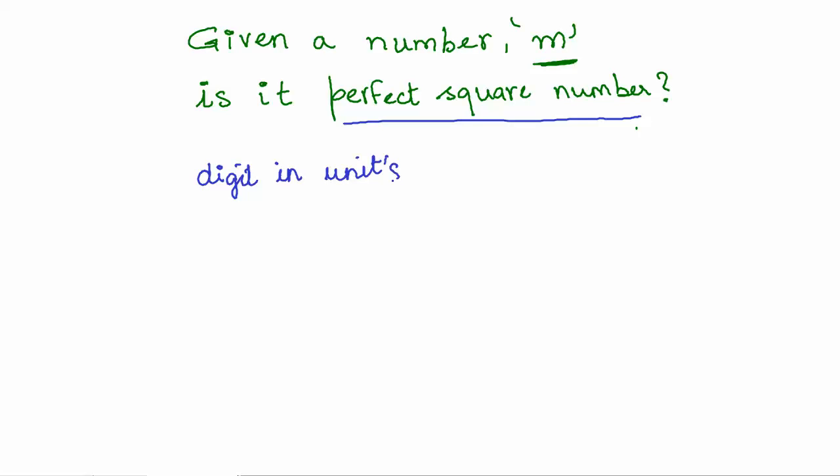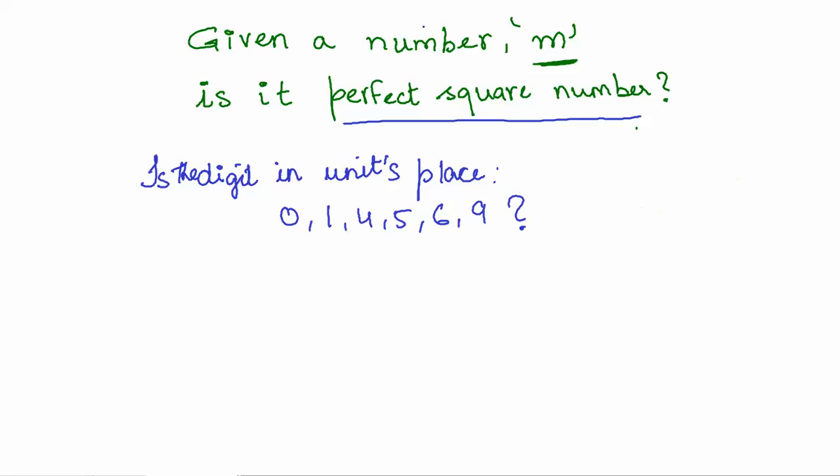Is the digit in units place either a 0, 1, 4, 5, 6 or 9? Now this is the first check, and at times even this check is enough to tell you whether a number is a square or not.